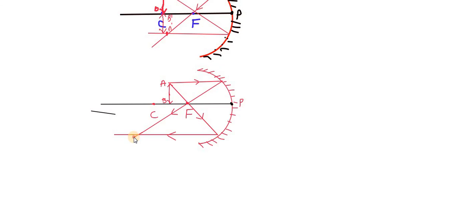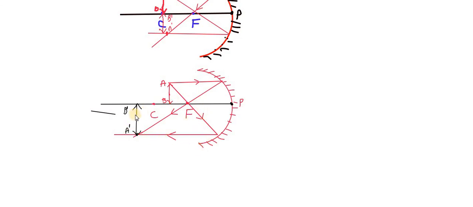Now here it is meeting. Here the image is formed. This is A dash, this is B dash. This is the image.